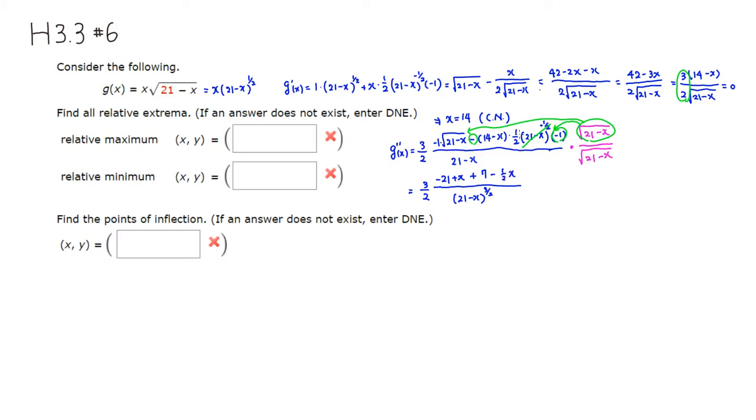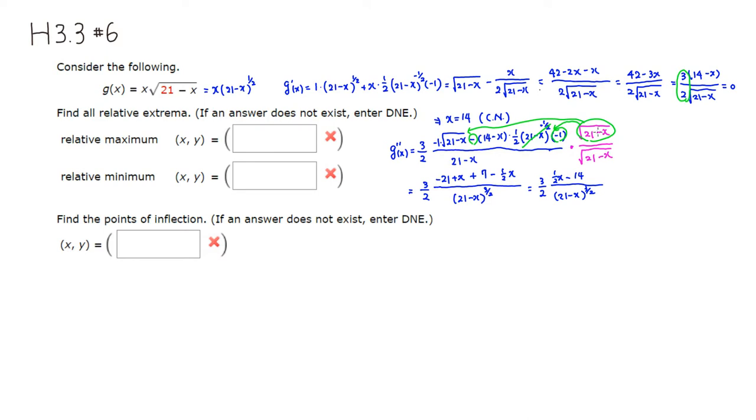Then you have 21 minus x to the 3 halves. So negative 21 plus 7 is minus 14, and x minus 1 half x is 1 half x.